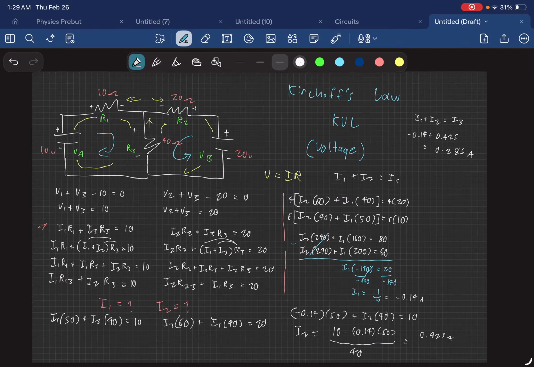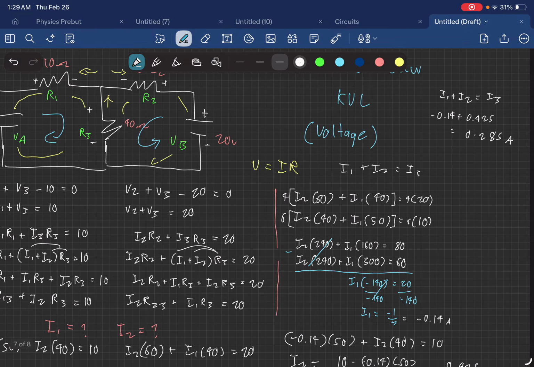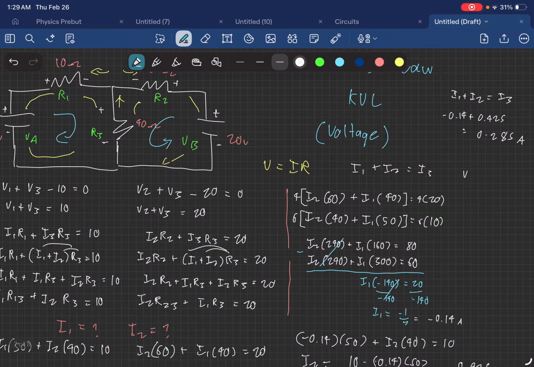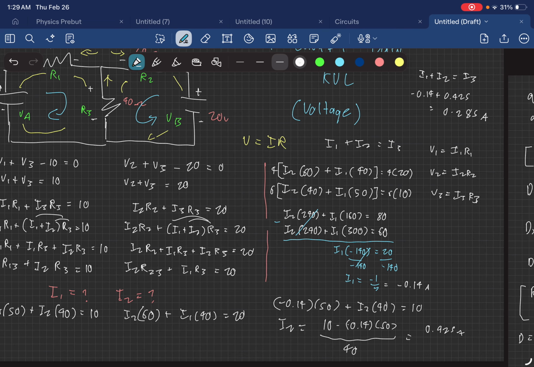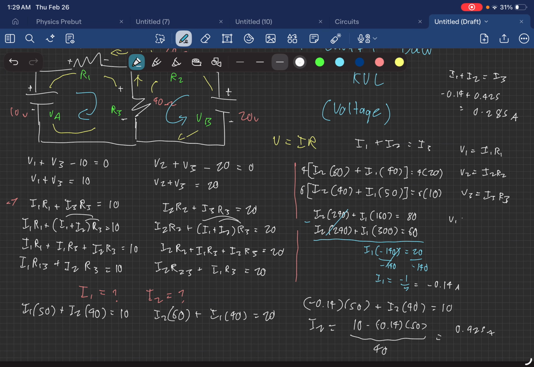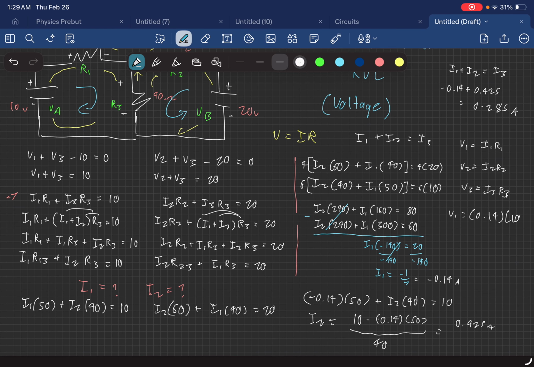Then we can get our voltages. So we need V1 equals I1 R1, V2 is equal to I2 R2, V3 equal to I3 R3. Then we just substitute in our values. So V1 is equal to negative 0.14 times our R1, which is 10.